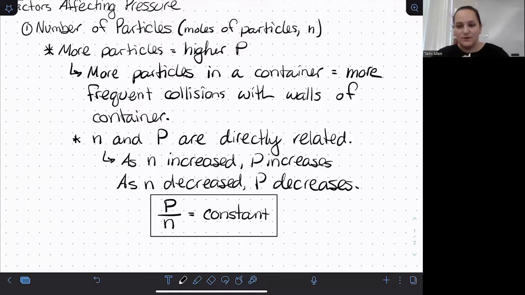Atmospheres is how we usually measure atmospheric pressure and the most common pressure unit used in the chemistry lab. If 1 mole has a pressure of 1 atmosphere, if we have 2 moles of gas under exactly the same conditions, that's going to have a pressure of 2 atmospheres. So these two things are directly related, and we can essentially think of them as a ratio that is always going to be constant.